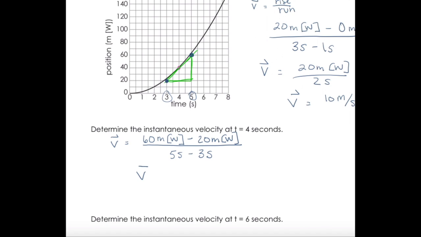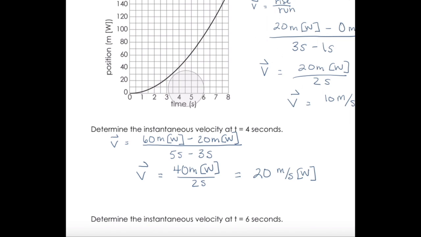When we subtract, we get 40 meters west all over 2 seconds, which equals 20 meters per second west. So that's the instantaneous velocity at 4 seconds.